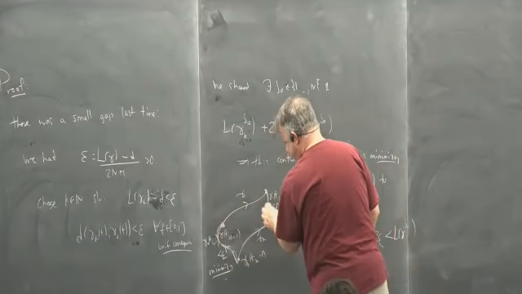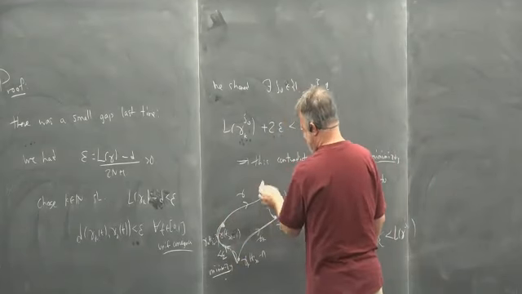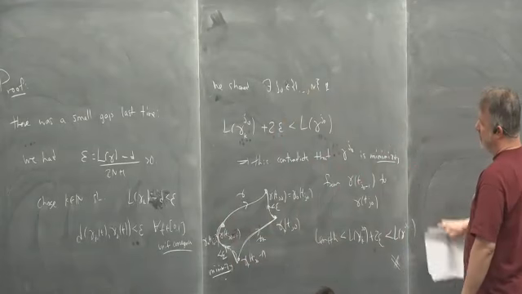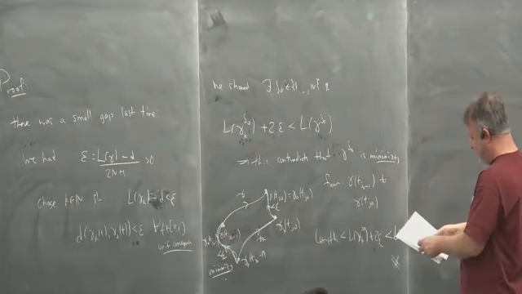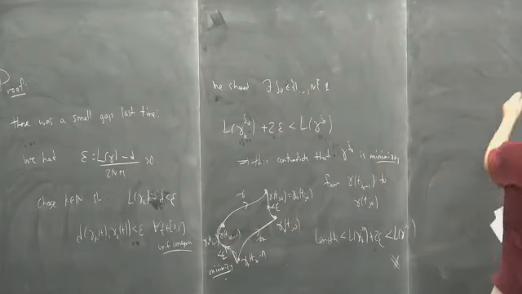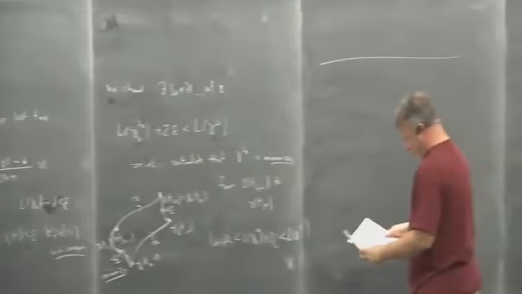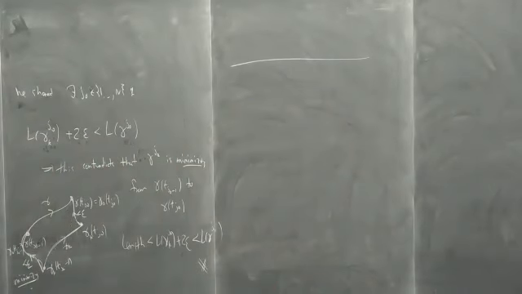A curve from here to here, piecewise smooth curve, whose length is less than this, but this one was minimizing. So there's the contradiction. Okay, so now that gap is cleared up, and then the next thing we did was all correct. So I want to make some remarks about this proof, about this theorem, before we move on.